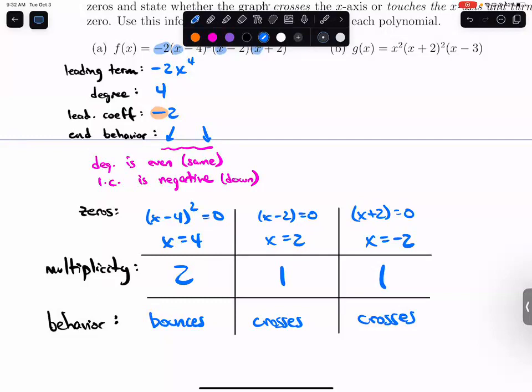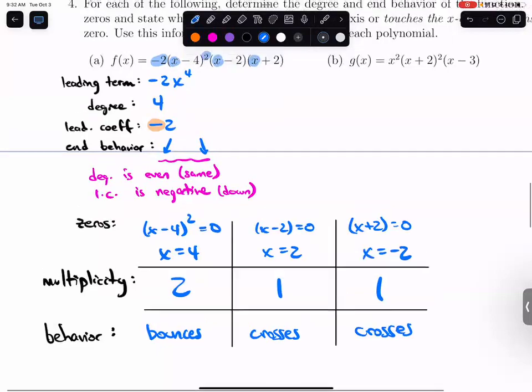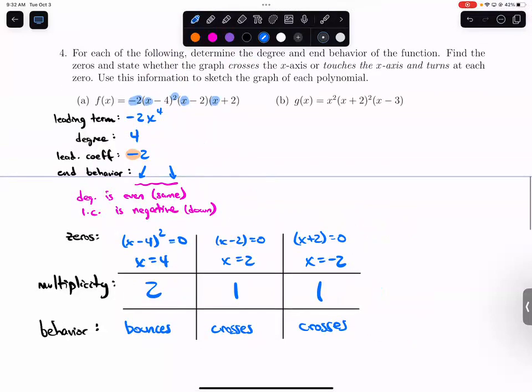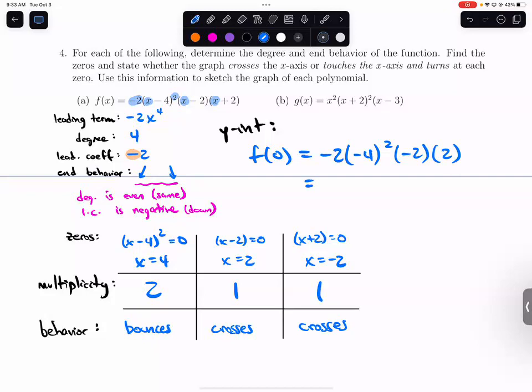There's one other thing that we could find pretty easily, and that would be the y-intercept. Y-intercept you can always get by just plugging in 0. So take your function, replace all the x's with 0, and then figure out what that is. -2 times 16, 32, negative 64 positive, and 120.